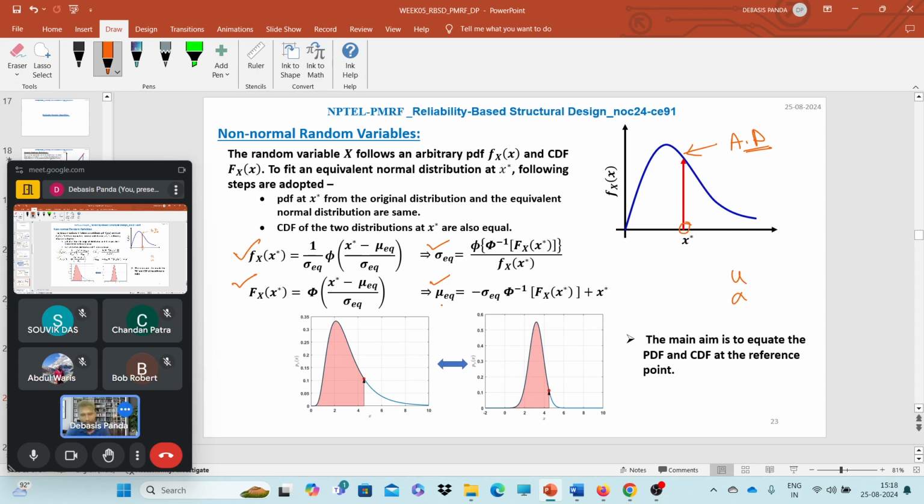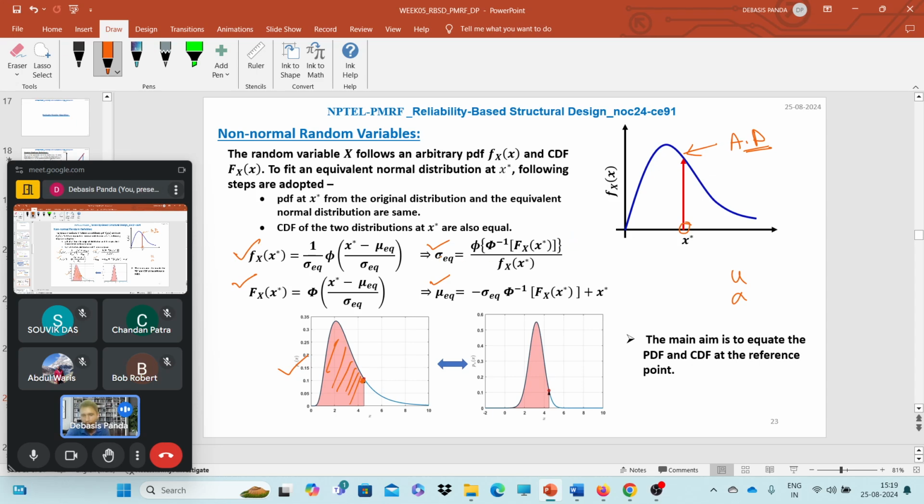Say here we have one distribution and we select one reference point. We find the PDF and CDF of this distribution, that means the area up to that point. Once we have those two values, we can easily find the parameters.